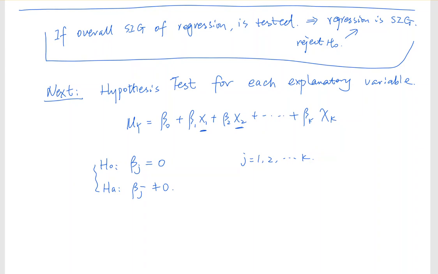All right, so think about if j equals 1. That means you will test beta 1 equals 0 versus beta 1 not equal to 0. So if the null hypothesis is not rejected, that means beta 1 equals 0.